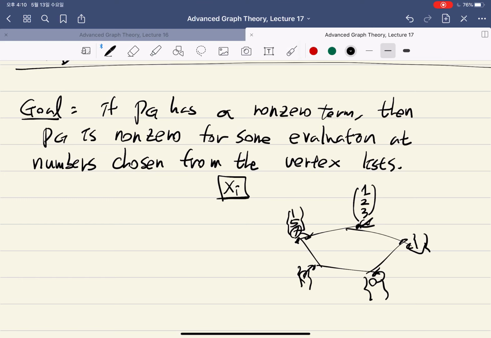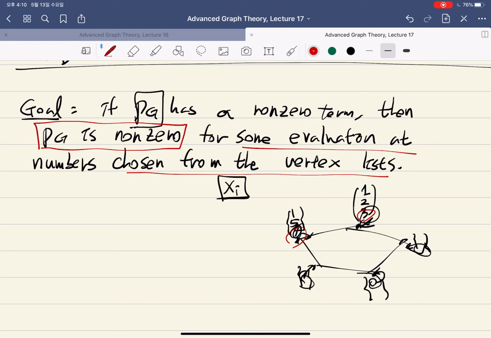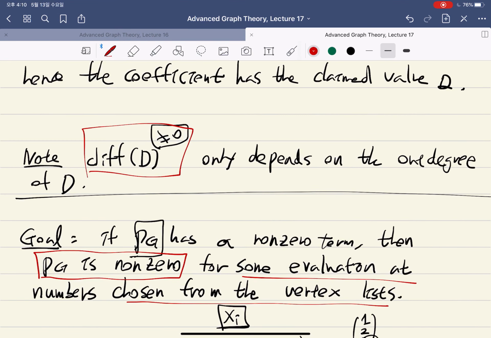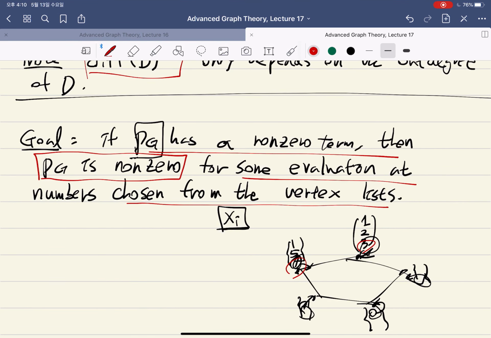And then if this P of G is non-vanishing, it has a non-zero value, then our choice is a proper coloring. So what we want to show is that for some choice, if we choose the number from each vertex list, then this P_G is non-zero. That's what we want to show. And then the condition that diff of D is non-zero is the same as that it has at least one non-zero term. So this is our goal.